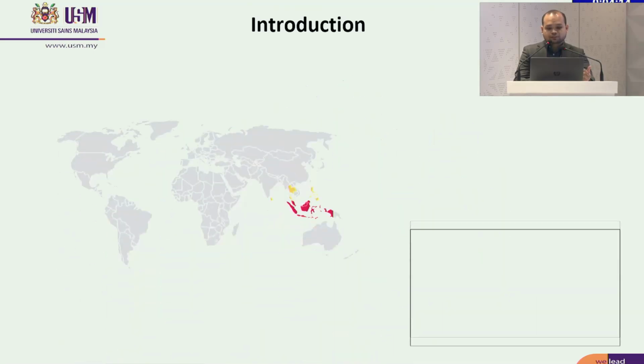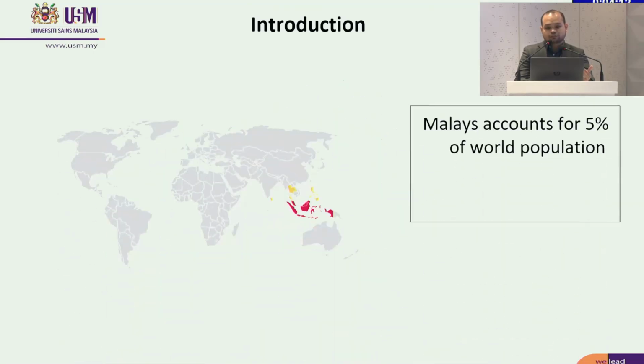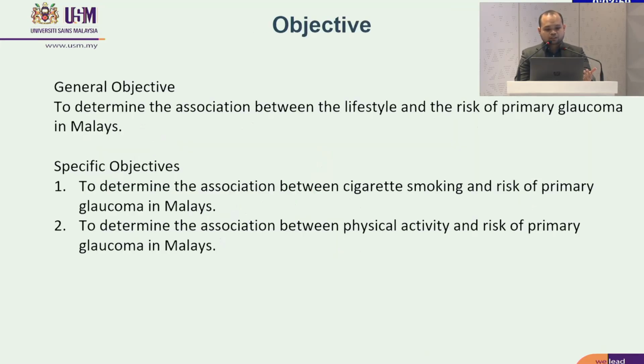The Malay population accounts for about 5% of the world population, distributed in Southeast Asia. Thus, it is important for us to identify the risk factors among the Malay population. Thus, our objective is to determine the association of cigarette smoking and physical activity as a risk factor for primary glaucoma in Malays.